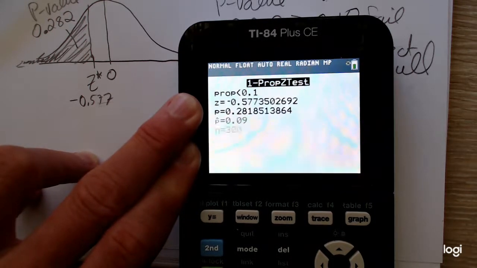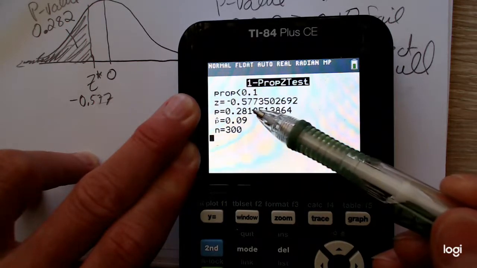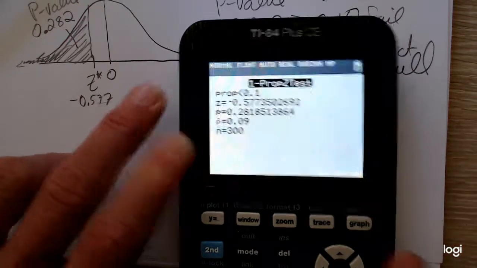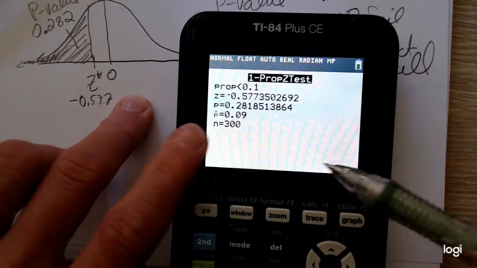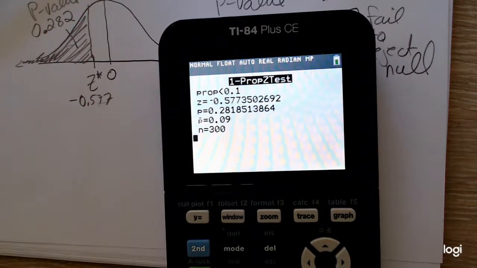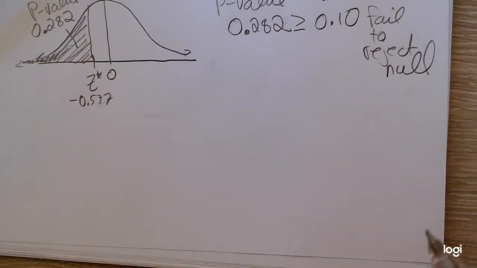And then calculate. Alright, so rounded to 3 decimal places, it is the same as what I got. And rounding to 3 decimal places, the p-value is 0.282. So I wasn't too far off in this problem when I did it quote-unquote by hand.